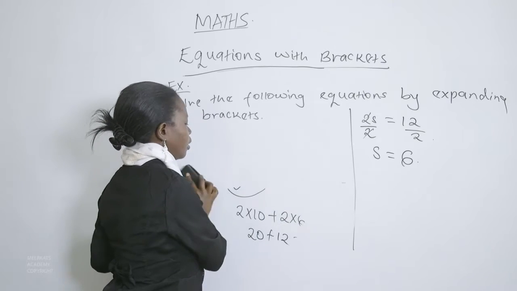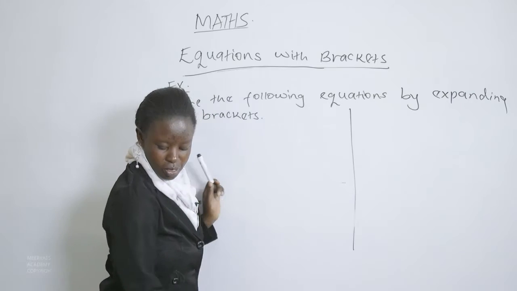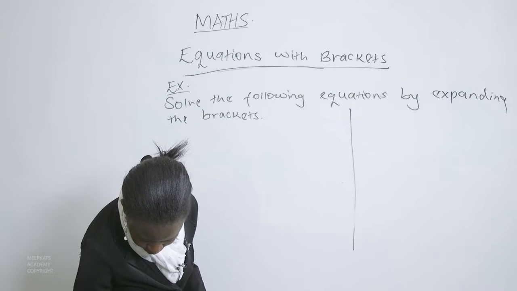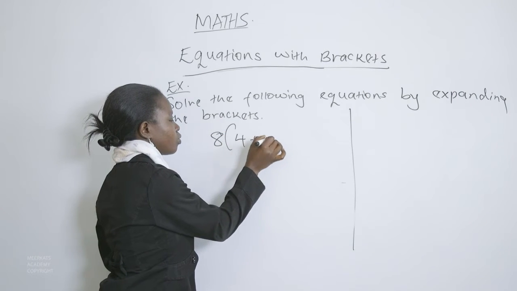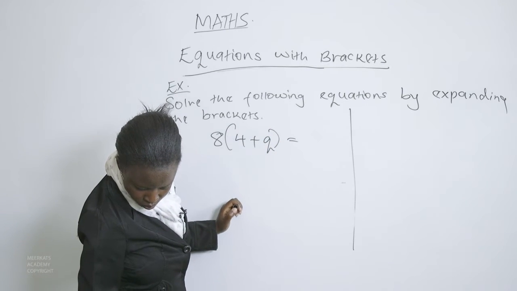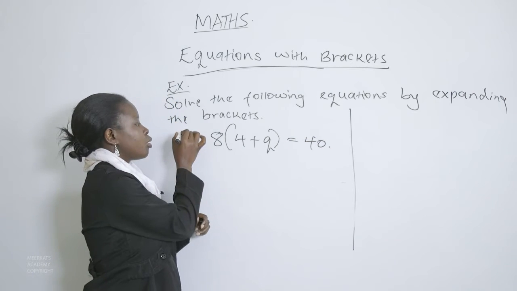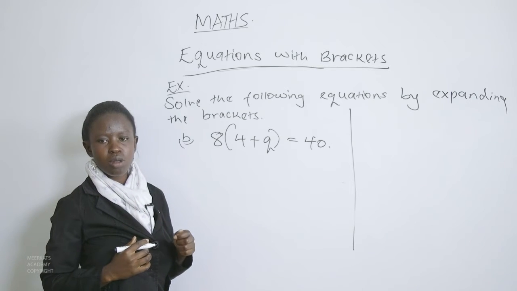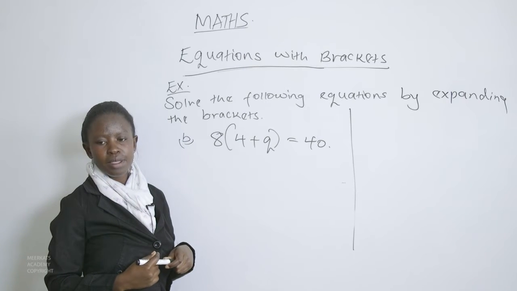Another example that requires us to expand the brackets is this. We have 8 into 4 plus q is equal to 40. We are required to expand the brackets.